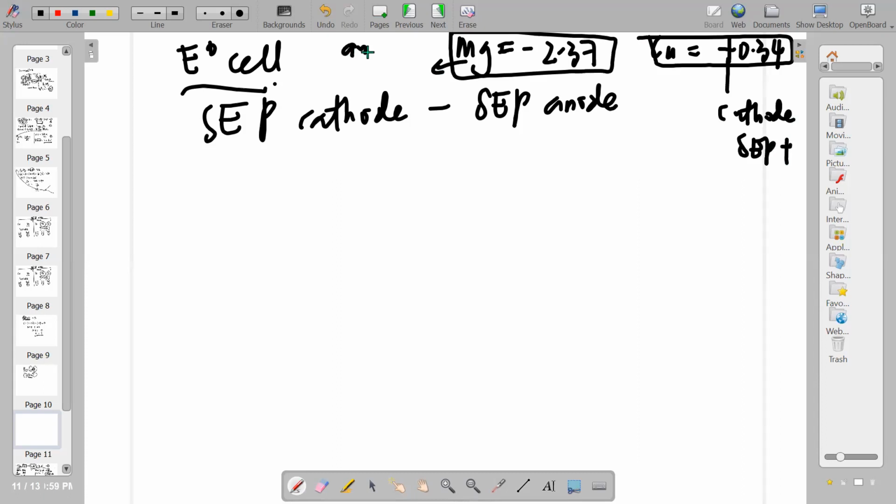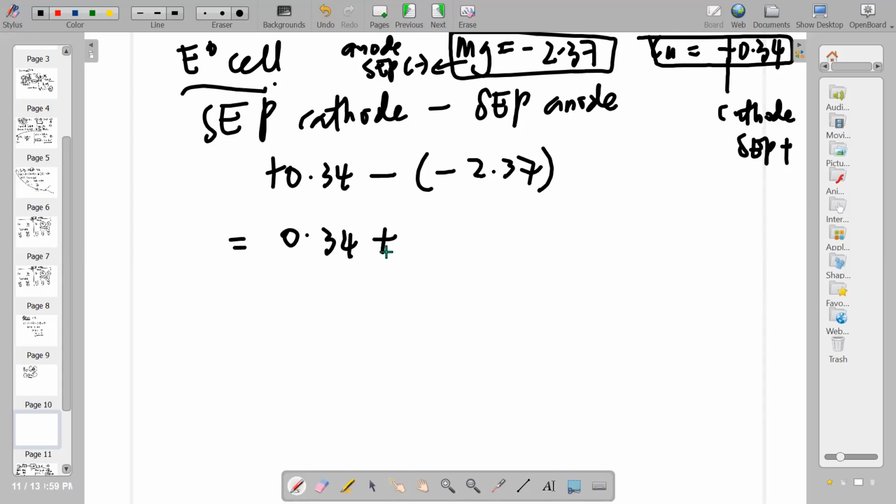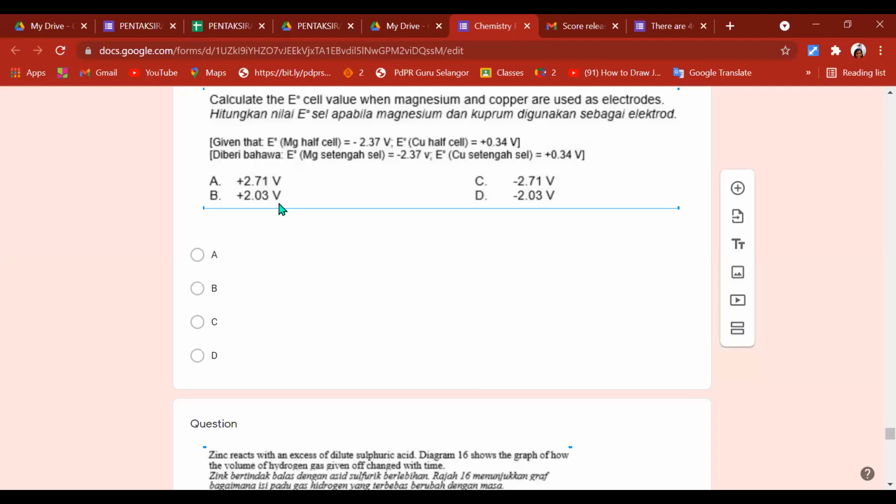Magnesium is my anode because the SEP is more negative. Very good. So I use plus 0.34 minus negative 2.37. Everybody go and calculate for teacher now. 0.34 plus 2.37. What am I going to get? 2.71 volt. So that will be your answer. So you see, class, teacher's teaching you back, so that I want all of you to be able to answer the question. The answer is A.